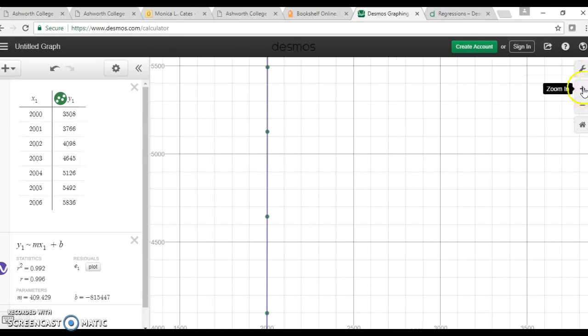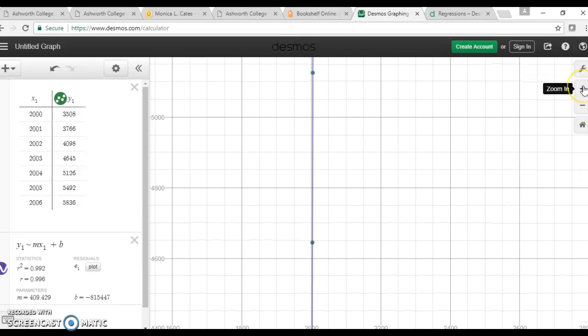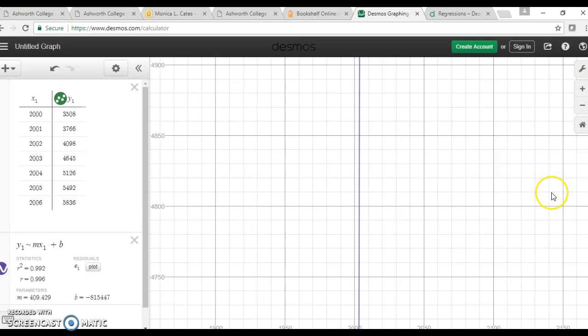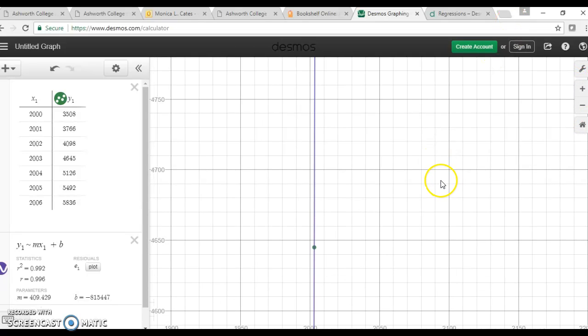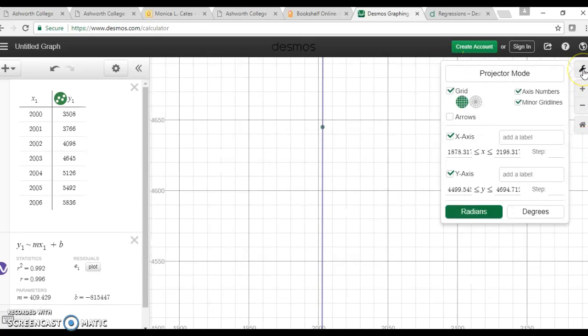It's really hard to see. There's just no way we can see it with this. Let me see if I can change my settings. Hold on just a minute.